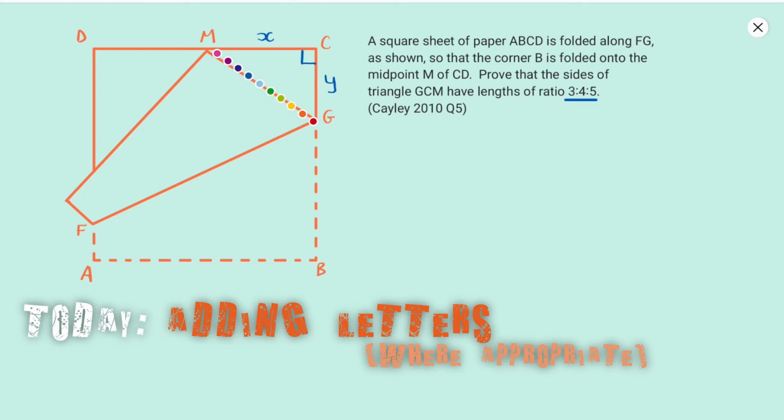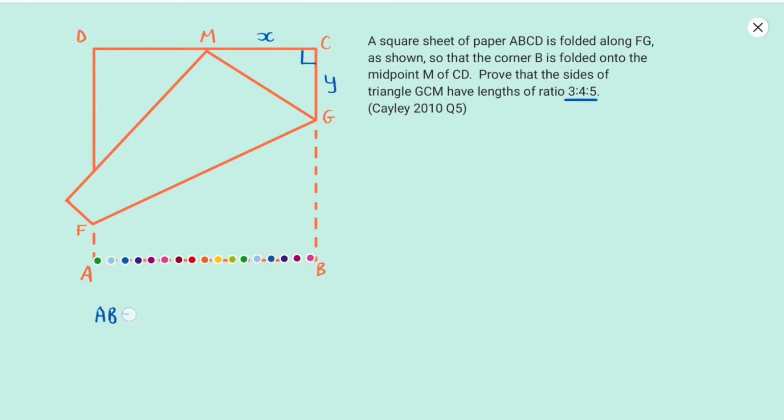Well, let's look back at what it was when M was down at B, before it's folded up. That whole side, which is the same as the side A to B, is equal to 2 lots of those x. And you know, A to B was just the easiest one to see.